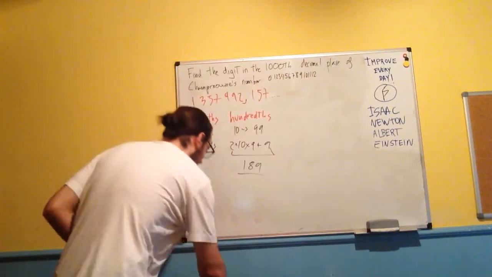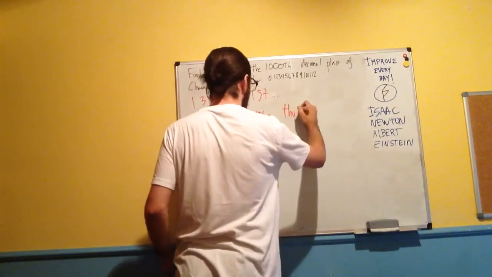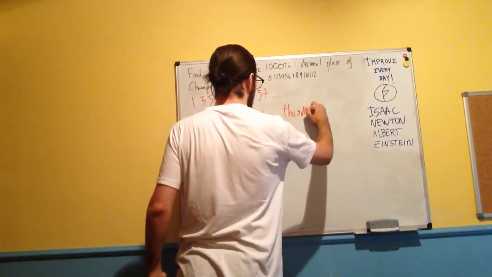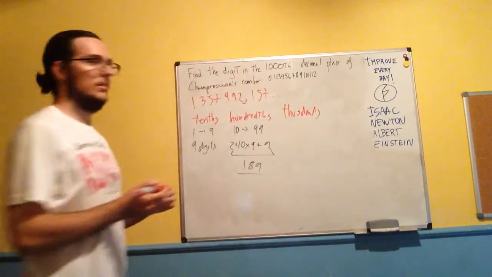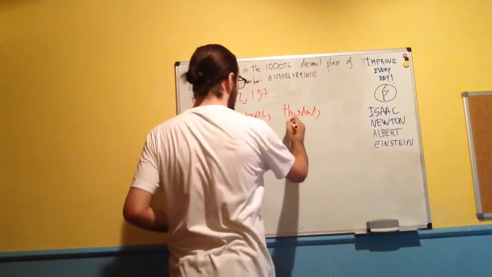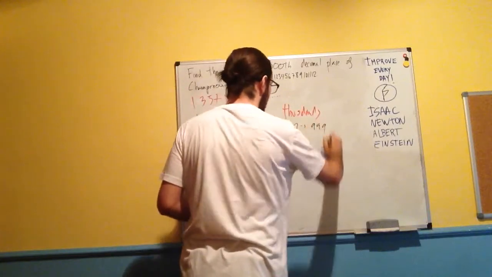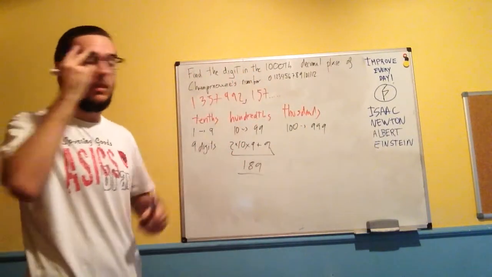And now let's do the same with the thousands. Here we have from 100 to 999. We just have to apply the same logic here.